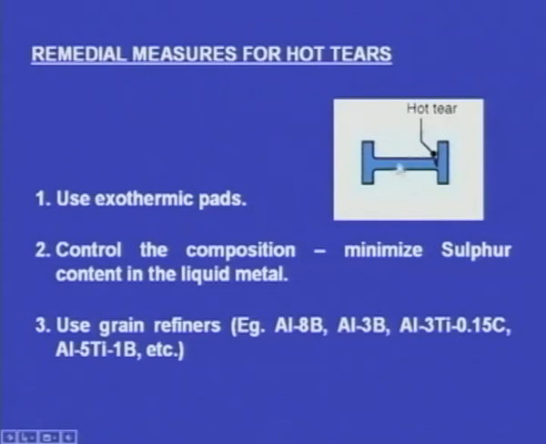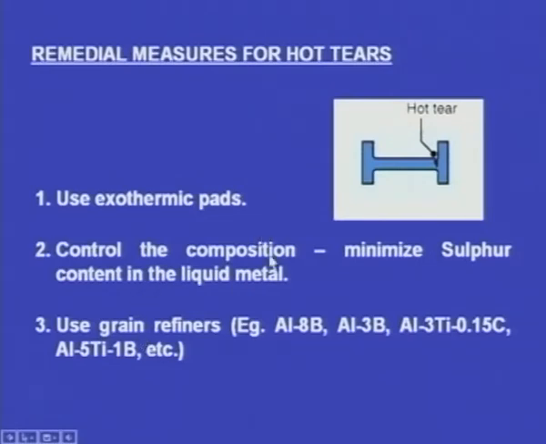So by using exothermic pads, this region will be covered. Then this portion will take more time, in par with the vertical parts of the casting. Then this shrinkage can be avoided and the tearing can be avoided. So by using exothermic pads, we can prevent hot tearing.